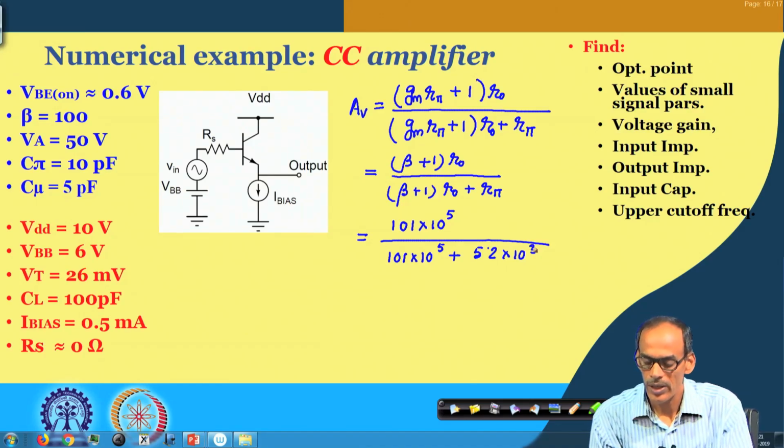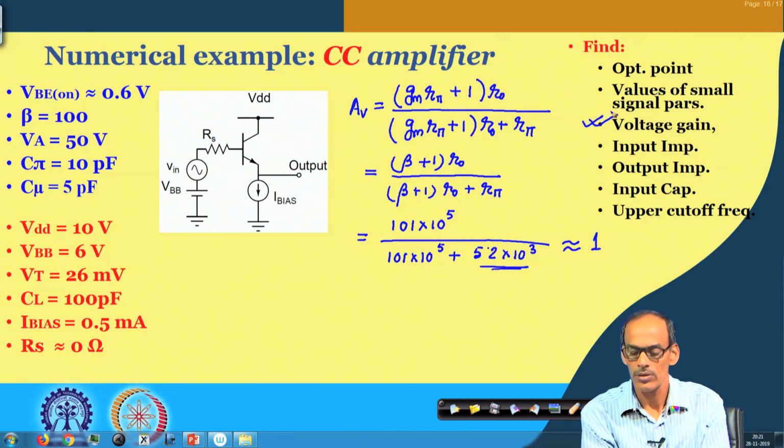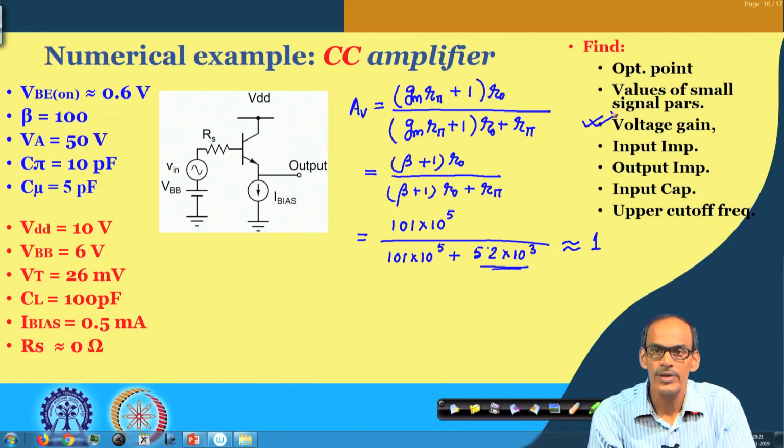So, naturally you can drop this part, and then you may say that this is approximately 1. That is what we are expecting, the gain should be 1, but here numerically you can say it is really close to 1.